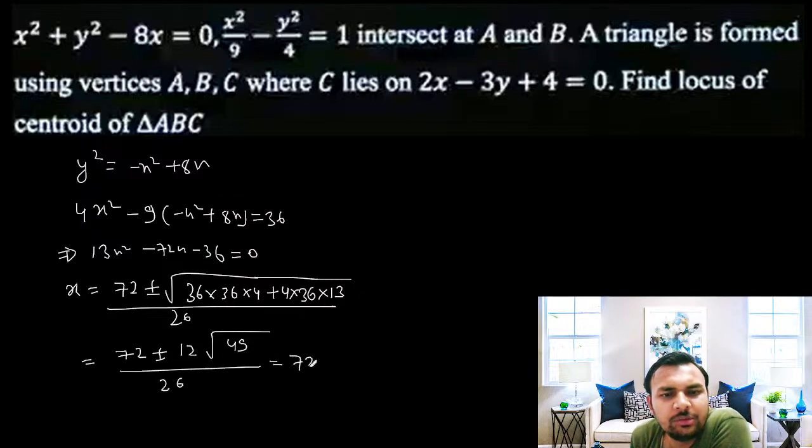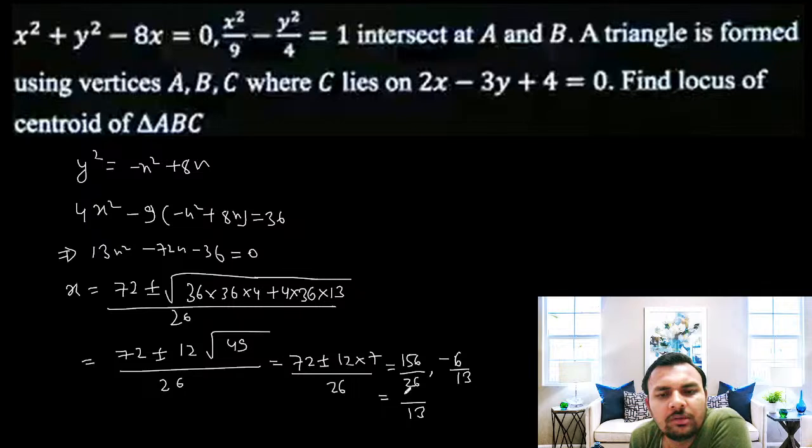So 72 plus minus 12 into 7 by 26. So 84 plus 72 is 156 by 26, which is 6, and the other is minus 12 by 26. Okay, so these are the values of x.